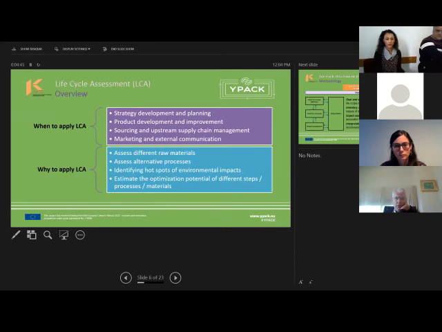And why to apply LCA? As we said before, in order to assess different raw materials, to assess alternative processes, to identify hotspots of environmental impacts, and to estimate optimization potential of different steps, processes, and materials.